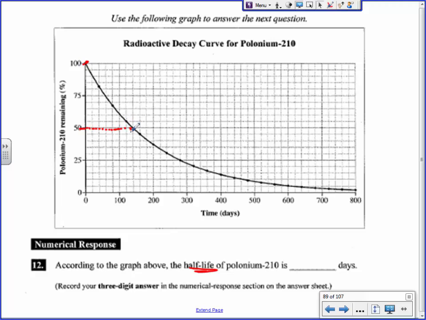When does 50 occur? After, let's call it 100 and I think it's 140. If I were to drop it down properly, straight down here, that's 100 and that's 200. I think it's going up by 20, so that's 100, 120, 140, 160, 180, 200. So that would have been 140 days. That makes sense? Just purely based off a graph.